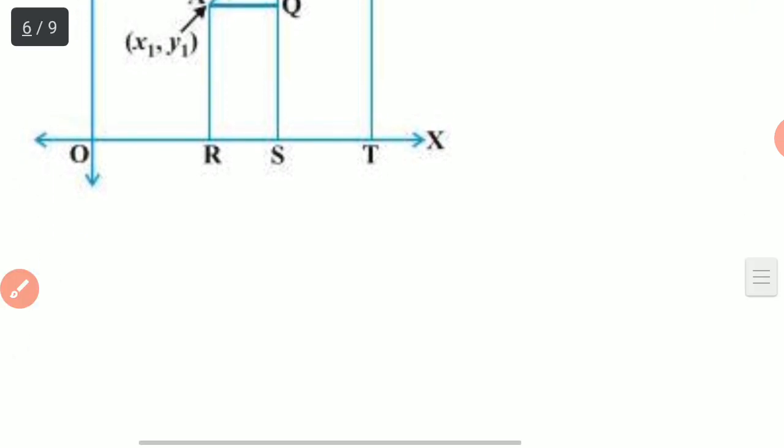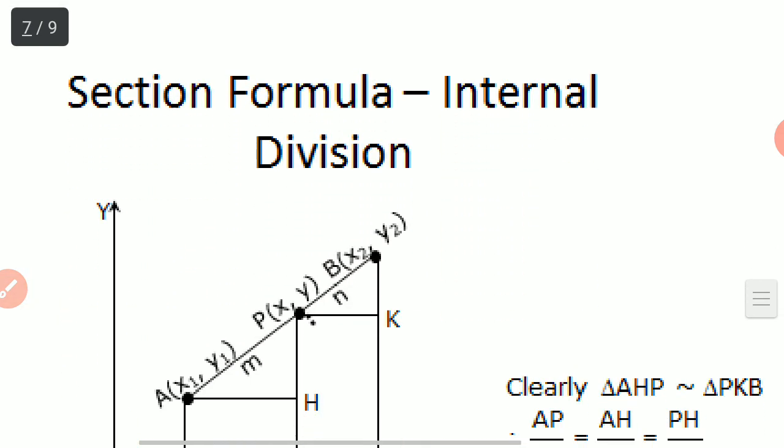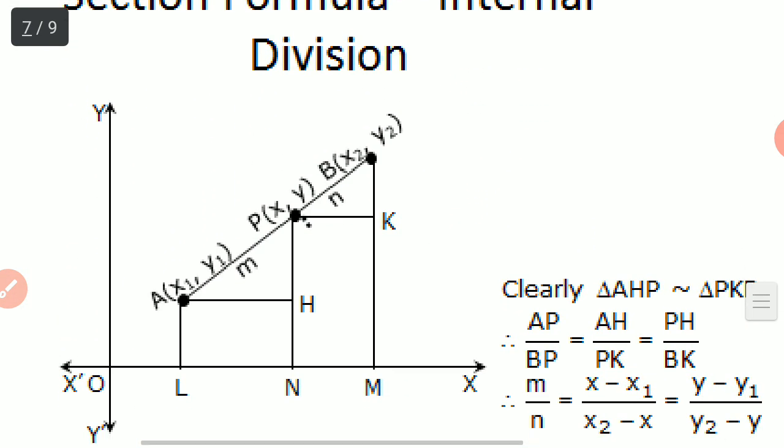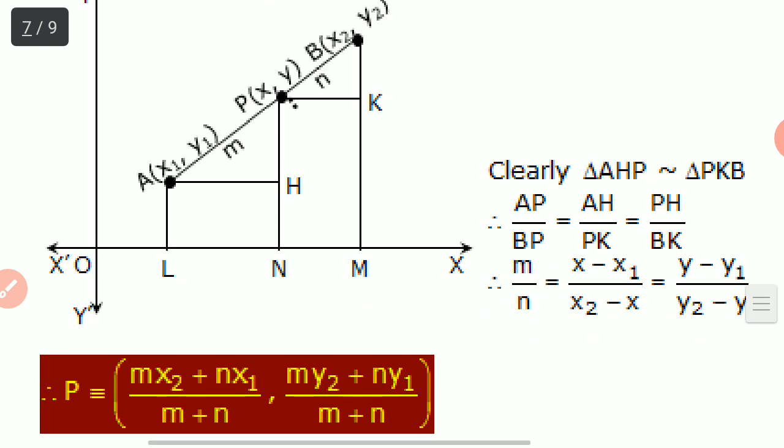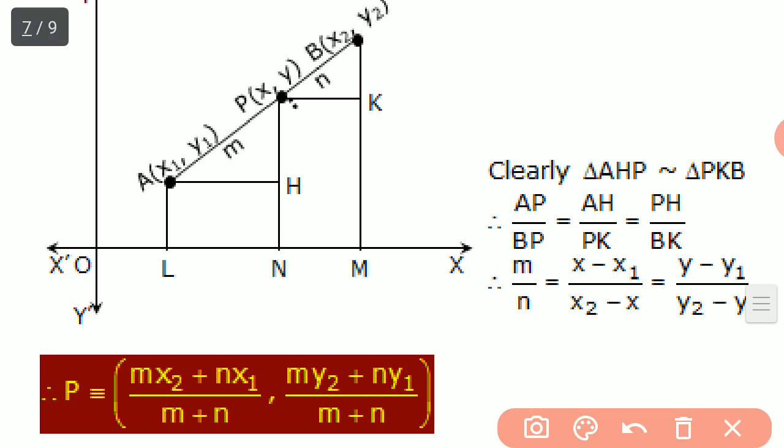Now let's see the second diagram. Here is the section formula for internal division. Suppose a line AB, the coordinate of A is x1 y1 and B is x2 y2, and a point P divides this line in the ratio m to n, and the coordinate of P is xy.